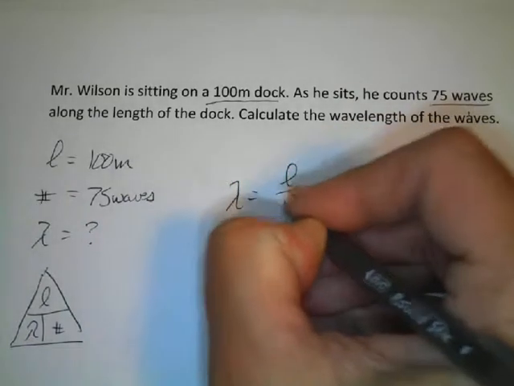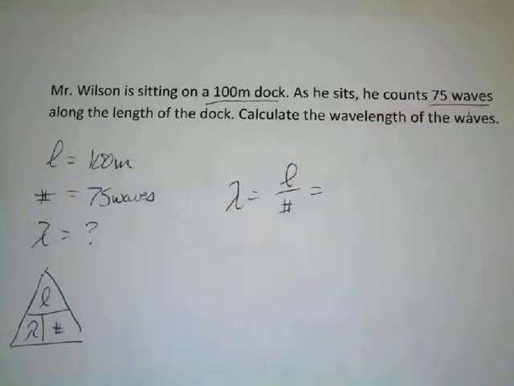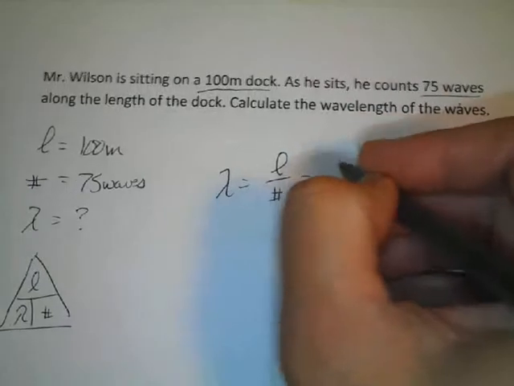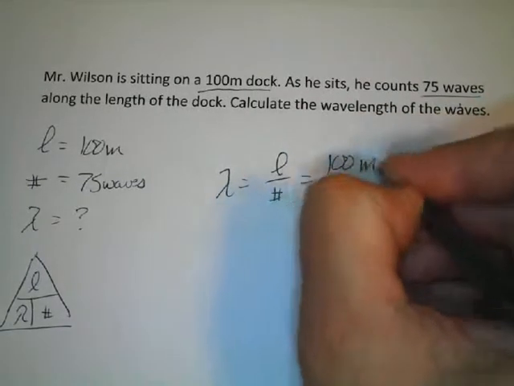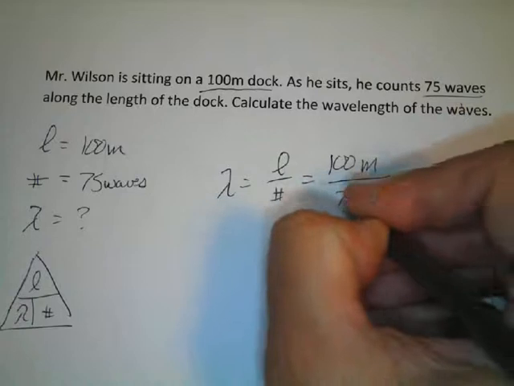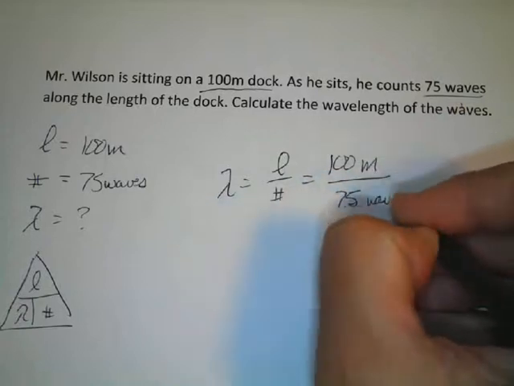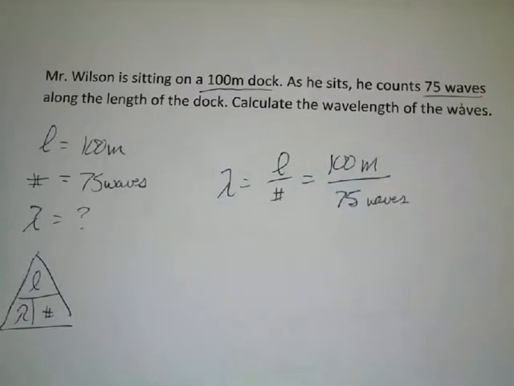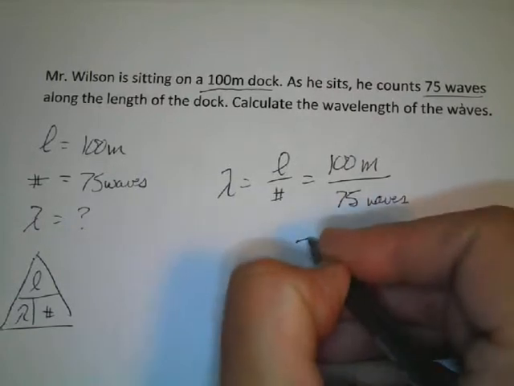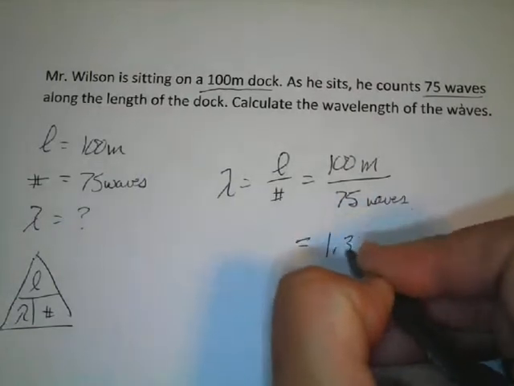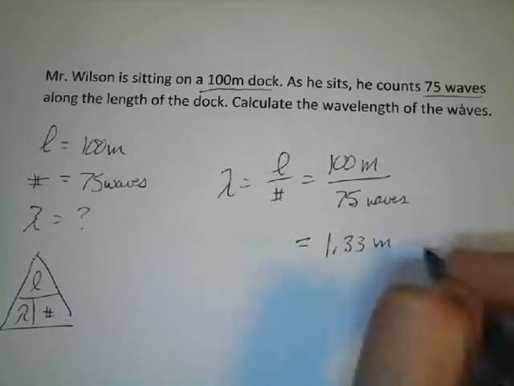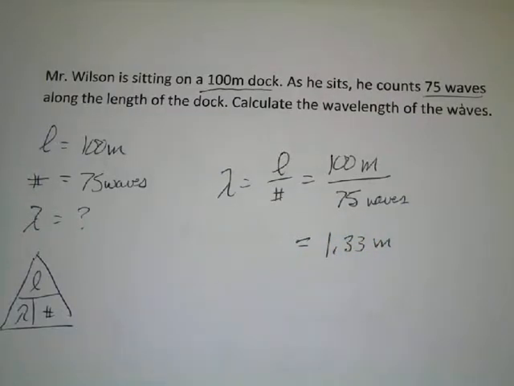So I write my equation, I put in my numbers, and then I do the math. So I end up with a wavelength of 1.33 meters. Pretty straightforward. You just plug in the numbers and run them through.